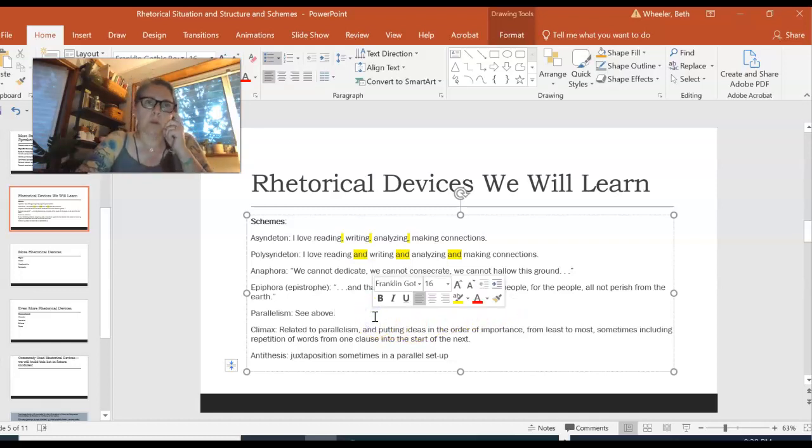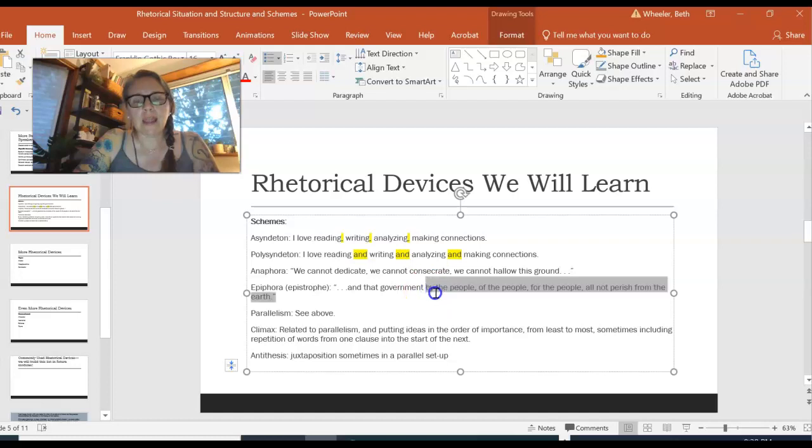Parallelism is repetition of a grammatical feature of a sentence. And what I mean by that is usually, if I have a sentence that is going to use prepositions, like by, of, for, I'm going to keep that grammatical pattern going, and use the same grammatical pattern in each part of the list or in each part of the sentence.